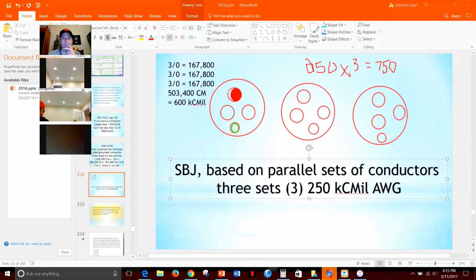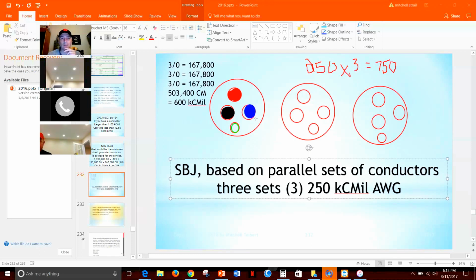That's my A phase. And then my B phase, we'll call it black, or, well, in Austin it would be black. Don't make fun of me. That's a big service for a single phase 240 volt system, but you get the idea. And the other color is going to be blue. So I've got those 3 conductors, a red, a black, and a blue, all in this pipe.